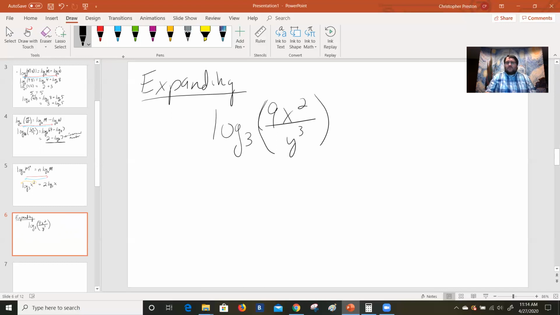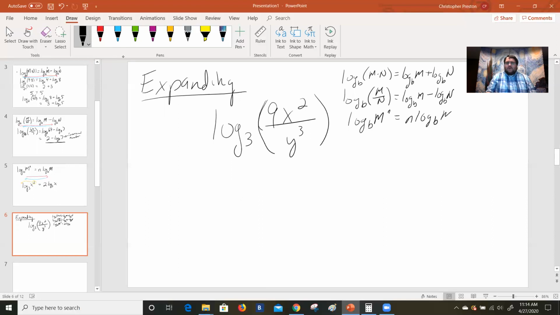So I think about those 3 properties I had: m times n, I could split those up and add. M divided by n, I could split those up and subtract. And if I have a power inside, I can move that power out front as a multiplier. So those are the three big ones that you want to keep in mind when you're doing these expansions. So the first thing that jumps out at me here is I'm dividing.